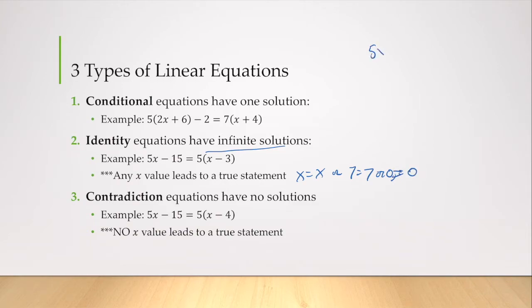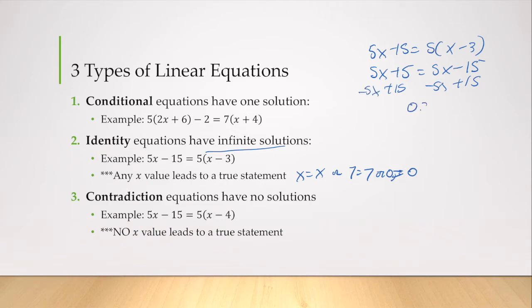If I have 5x minus 15 equals 5 times x minus 3, that gives me 5x minus 15 equals 5x minus 15. You can see now that both of these sides are equal and they're going to cancel out. If I add 15 to both sides, I subtract 5x from both sides, I get 0 equals 0. So that means there's infinitely many solutions and any value of x would lead to a true statement.